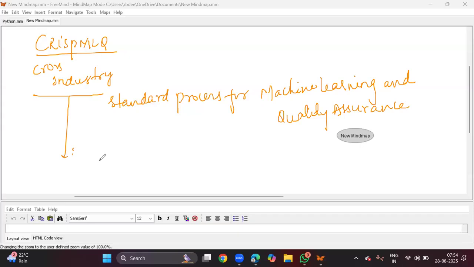Any domain you take, whether it is a movie, pharma, manufacturing, finance, marketing, banking, health side, agriculture side, any story you take, this is the procedure. That's why you're calling it cross industry.